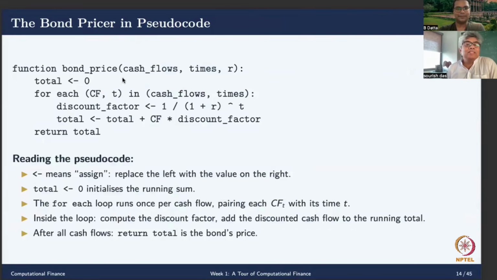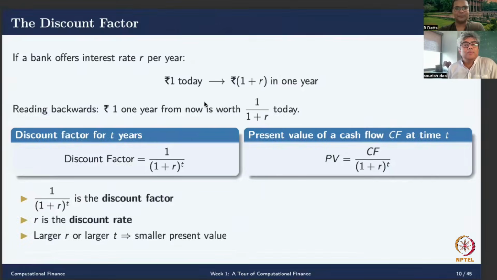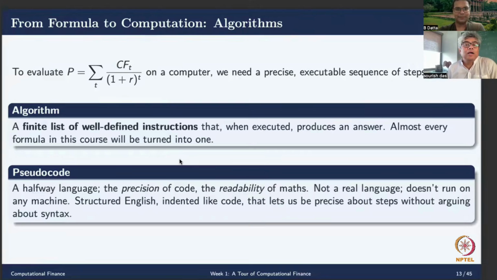Then for each cash flow at each time point, first you calculate the discount factor, that is 1 over 1 plus r to the power t. If you go back, this is 1 over 1 plus r to the power t. This is the discount factor that you compute.